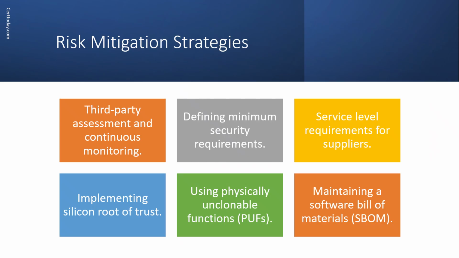Risk mitigation strategies. Effective supply chain risk management requires implementing targeted mitigation strategies to reduce vulnerabilities and strengthen supply relationships. One key measure is conducting third-party assessments and continuous monitoring, which helps identify potential weaknesses in vendor security practices and detect suspicious activities in real time.